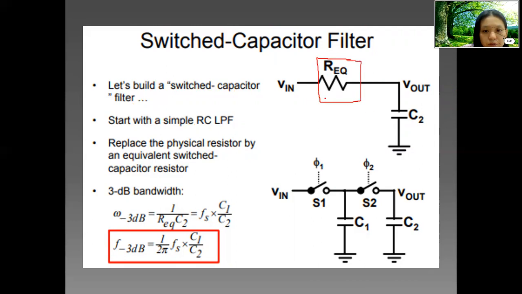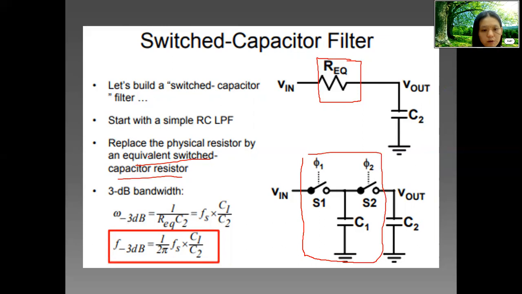And this figure is actually an RC low pass filter. By replacing this R equivalent, the physical resistor, with the equivalent switched capacitor resistor, which means here we will replace it with switch 1, switch 2 and capacitor.